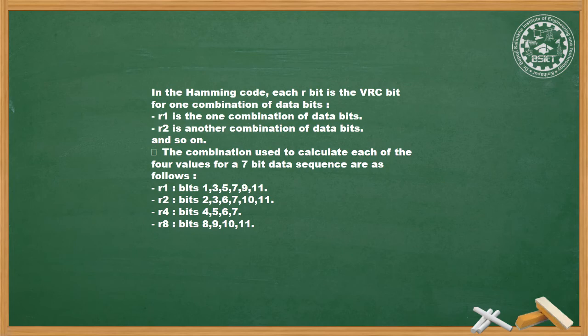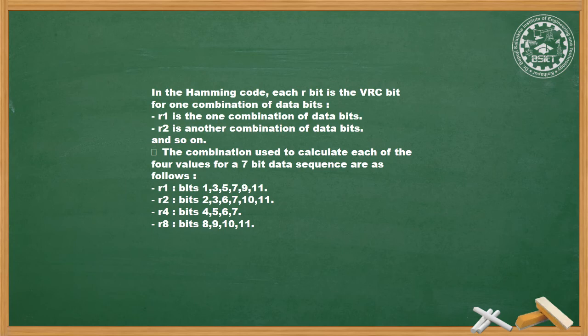In the Hamming code, each R bit is the VRC bit for one combination of data bits. R1 is one combination of data bits, R2 is another combination of data bits, and so on.